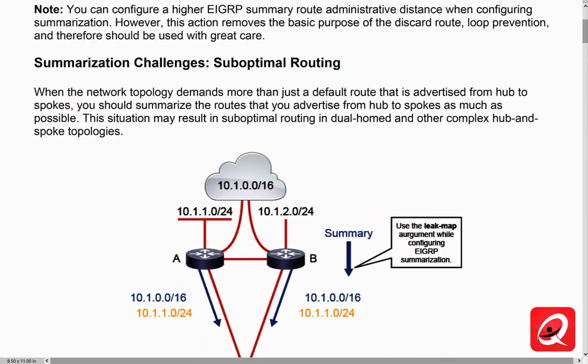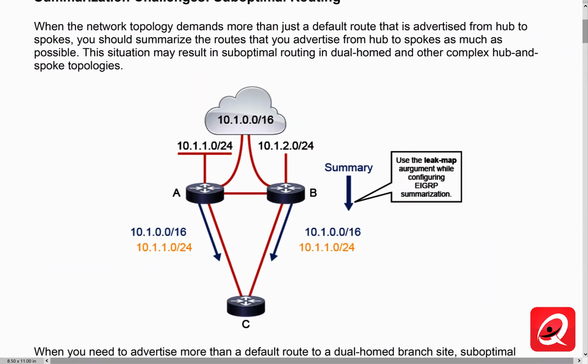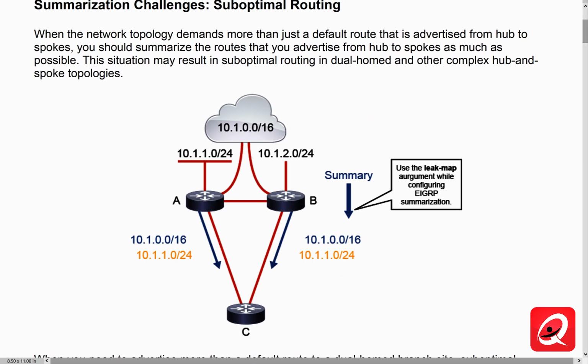All right. Another scenario that they walk through here is suboptimal routing. Summarizations create a more generic route. Okay. So when I summarize, it's a longer prefix. Well, actually, technically a shorter prefix. Really, it's fewer bits.